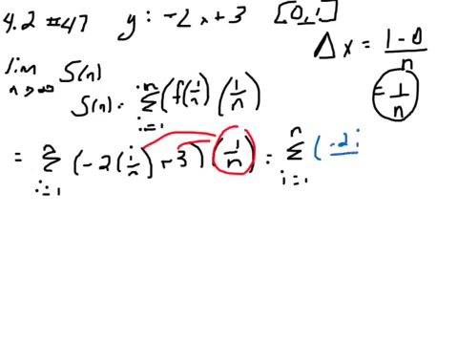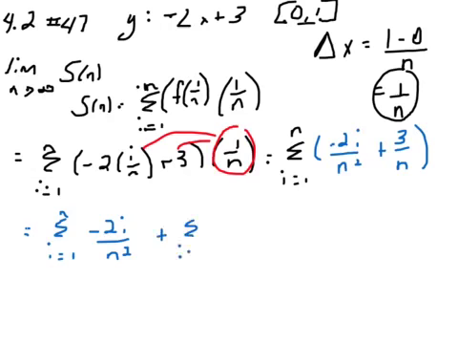And then I've got n times n, which would be n squared, and then plus 3 over n. Now, I said, let's pull out what we can. First let me split it into 2: the sum from 1 to n of negative 2i over n squared, plus the sum from i equals 1 to n of 3 over n. I did each of those sums separately. It just helps me to write it that way and keep it separate.